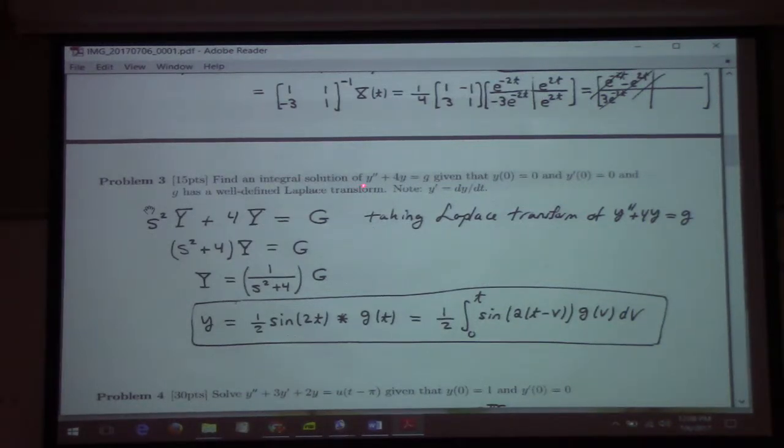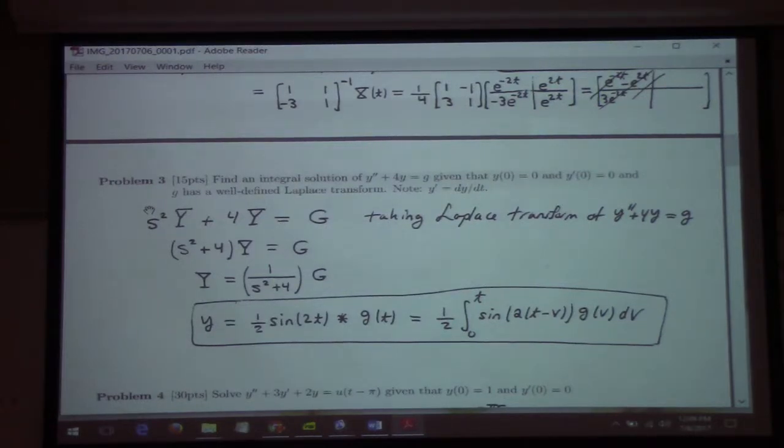But it's pretty simple. We just take the Laplace transform of both sides. I have initial condition 0, so we don't pick up any other extra terms there. Laplace transform of little g is big G, divided by my characteristic polynomial. That gives me this. And then convolution finishes it, right? So the inverse Laplace transform of that is 1/2 sin 2t, because I needed a 2 upstairs for the sine.